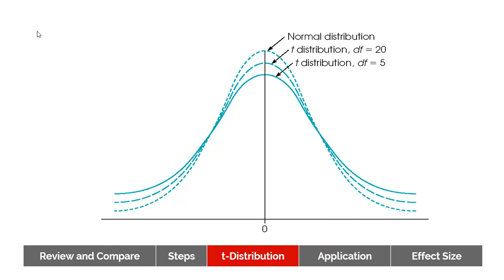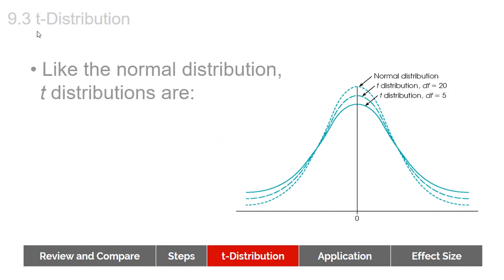As you will notice, the t-distribution with degrees of freedom of 20 is closer to the normal distribution than a t-distribution with degrees of freedom of 5. So what this tells us is that as our degrees of freedom get larger, our t-distribution will more closely approximate the normal distribution. We just need to remember that the t-distribution is going to look different depending on the sample size, the degrees of freedom.